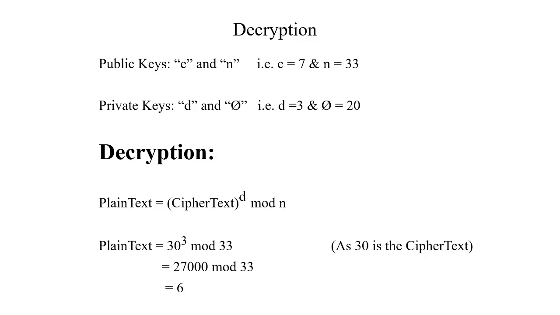So our original message, the plain text that we transmitted from the sender side, was 6. So it is successfully decrypted, or successfully transferred from ciphertext into plain text in the process of decryption at the receiver side.